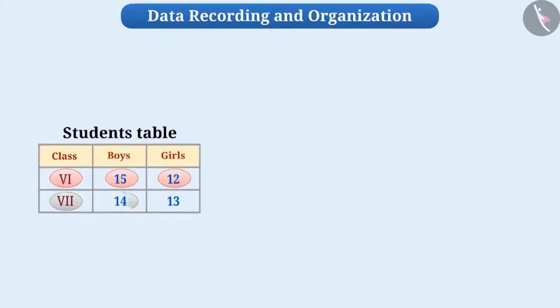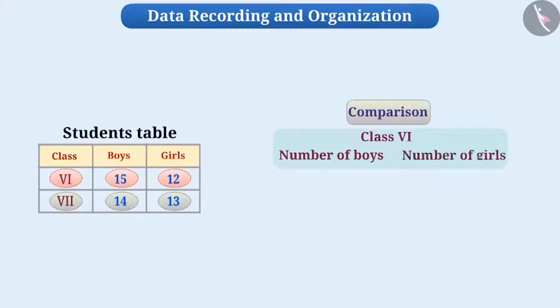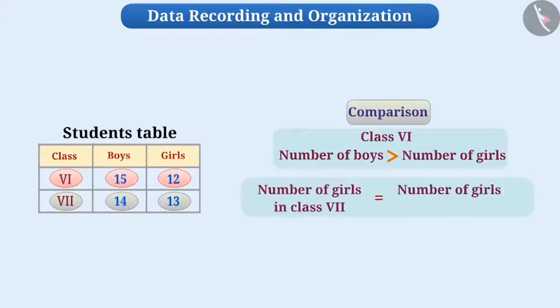There are 14 boys and 13 girls in class 7. Similarly, the table can also be used to compare numbers, such as the number of boys in class 6 is more than the number of girls. Similarly, the number of girls in class 7 is 1 more than the number of girls in class 6.